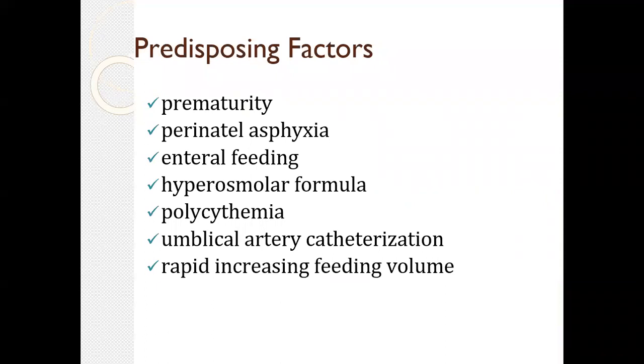What are the predisposing factors? Factors may be related to prematurity, perinatal asphyxia, enteral feeding, hyperosmolar formulas, polycythemia, umbilical artery catheterization due to different procedures, or rapid increment in feeding volumes. I told you in my previous lectures that whenever we start feeding, especially to a preterm baby or a baby who is not able to take oral feeding properly, we increase the feeding gradually.